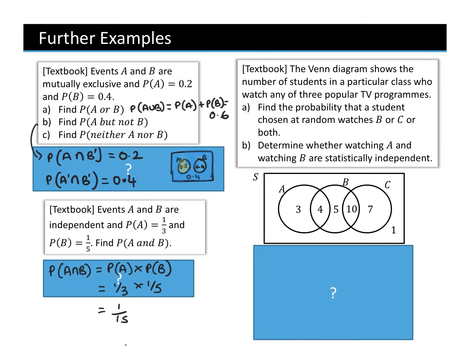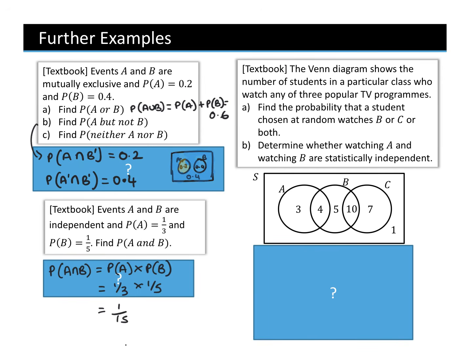Next question. The Venn diagram shows the number of key students in a particular class who watch any of 3 popular TV programs. Find the probability that a student chosen at random watches B or C or both. So, or means union.